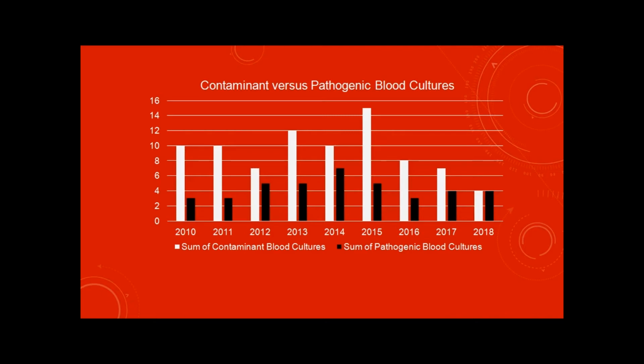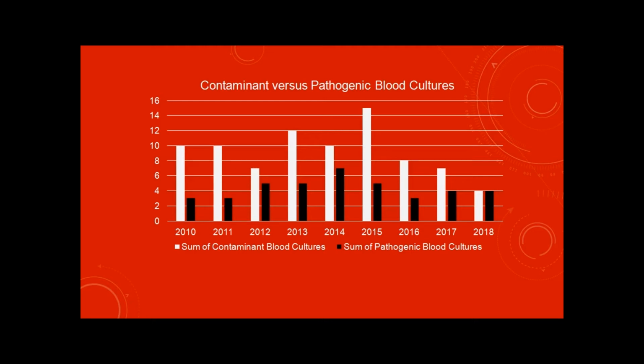Now, this is somewhat troubling here. The contaminant versus pathogenic blood cultures in this facility was over 75%. And in the NICU, we went to drawing everything sterile. And that's actually what it says in the manufacturer's pamphlet.